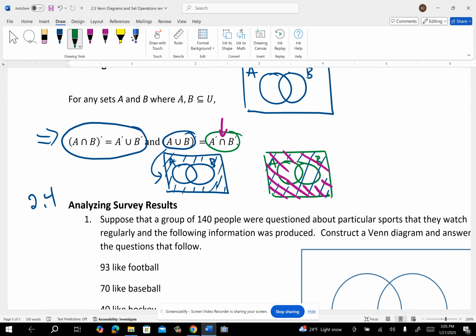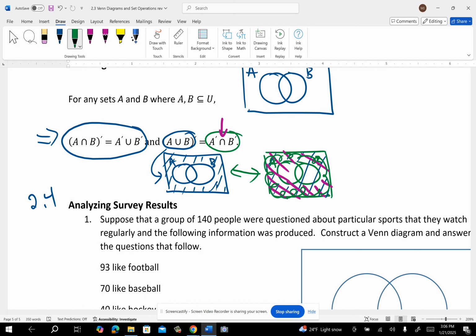The intersection of those two would have to be where I have both blue and purple. So it would have to be outside of both circles, and that's exactly what I had here. So these are the same. That's just a proof of it.